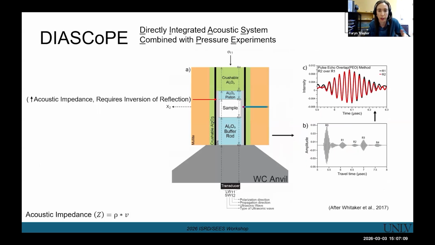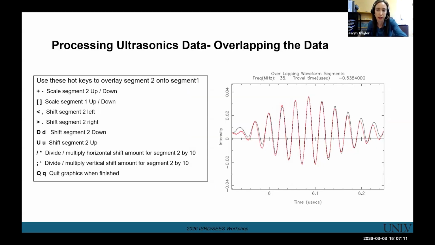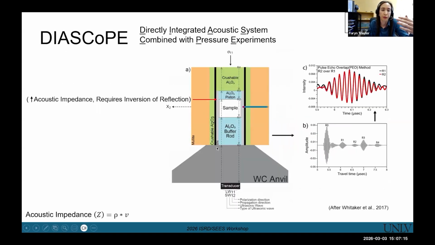One thing I just wanted to note, getting to this final point, we'll just quickly walk through that. As I mentioned before, the acoustic impedance difference between two materials will dictate the percentage of the wave energy that's reflected and the percent that's transmitted.